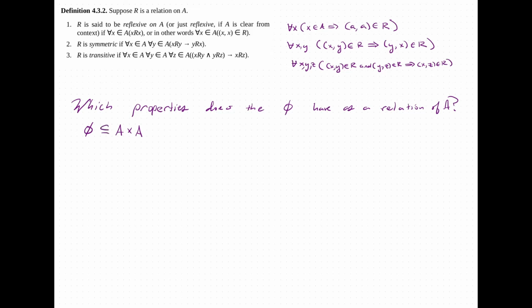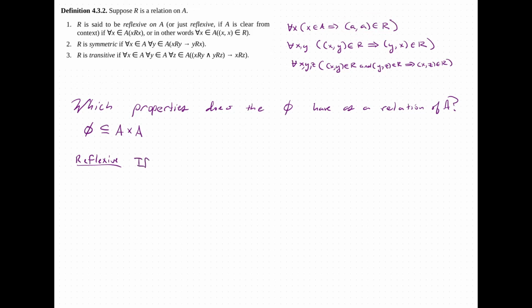And so let's see. For reflexive, we need to be careful because the assumption is x is in A. So there are two possibilities. If A was empty, then this premise here would be false. We cannot have x in A, and consequently, this here becomes a true statement.